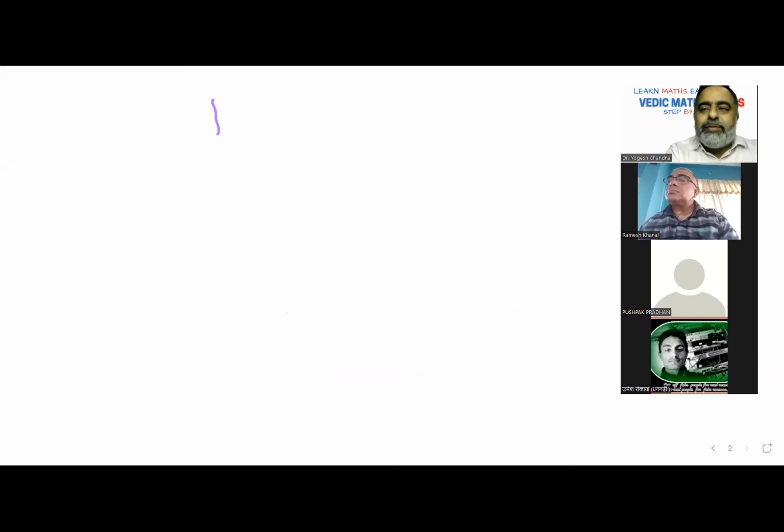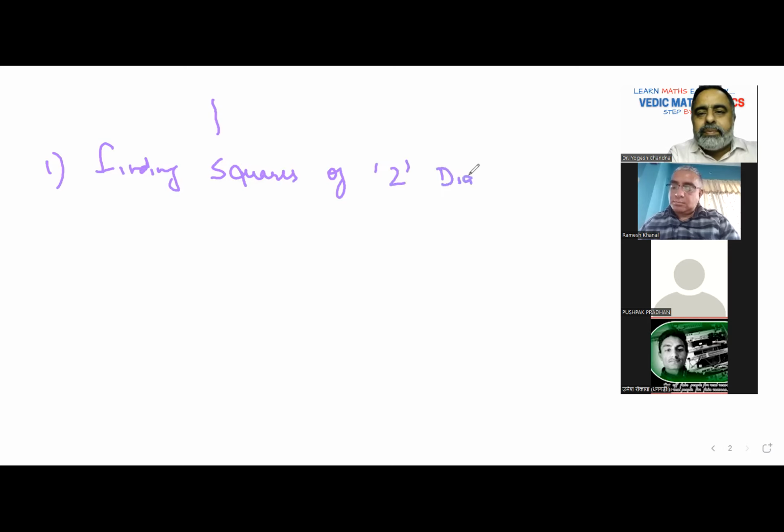So I'll teach you today 3 concepts of multiplication, though we have 12 different methods to find squares. Let's start with the first, finding squares of 2-digit numbers. I'll take a very simple example: 24 square.